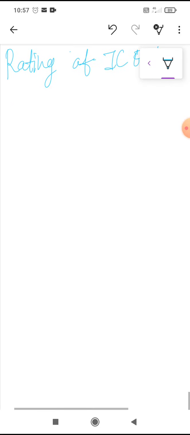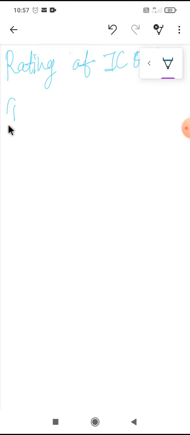So let's start. So first rating is IS rating A. So the net output in the brake power.